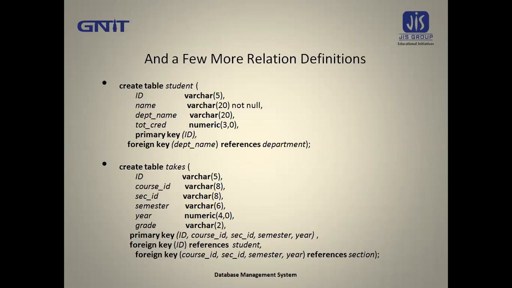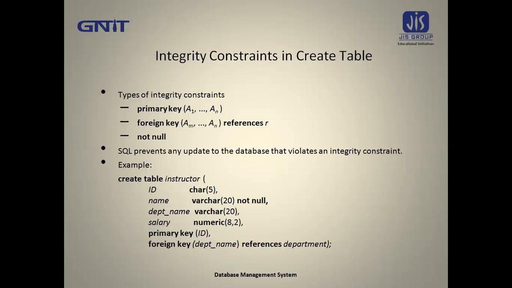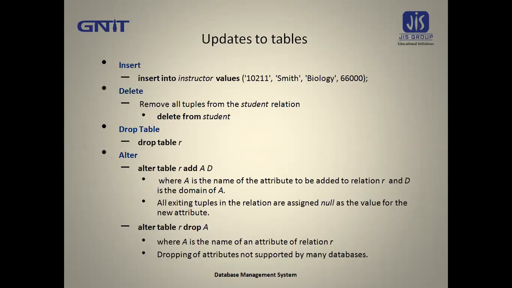The first value is 10211, the ID, then name, then department name, then salary. So ID is 10211, name Smith, department name Biology, and salary is 66,000. Delete is used to remove tuples. If I write delete from student, then all the values that you have inserted will be deleted.